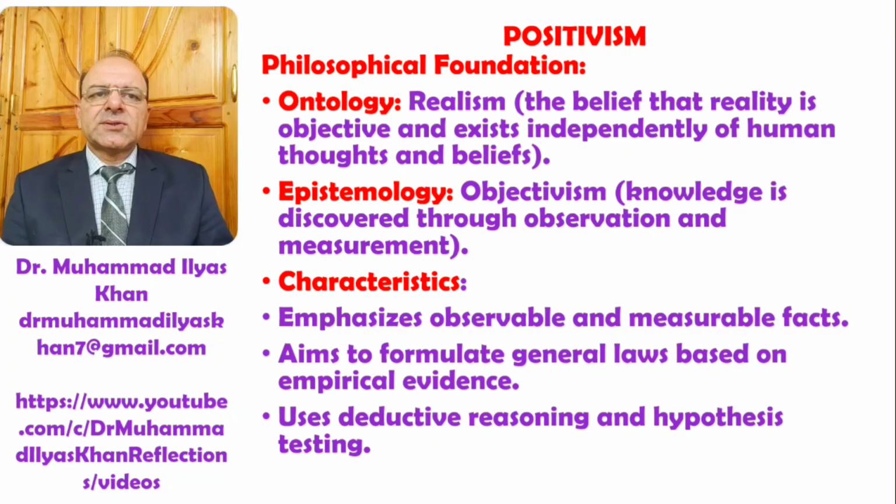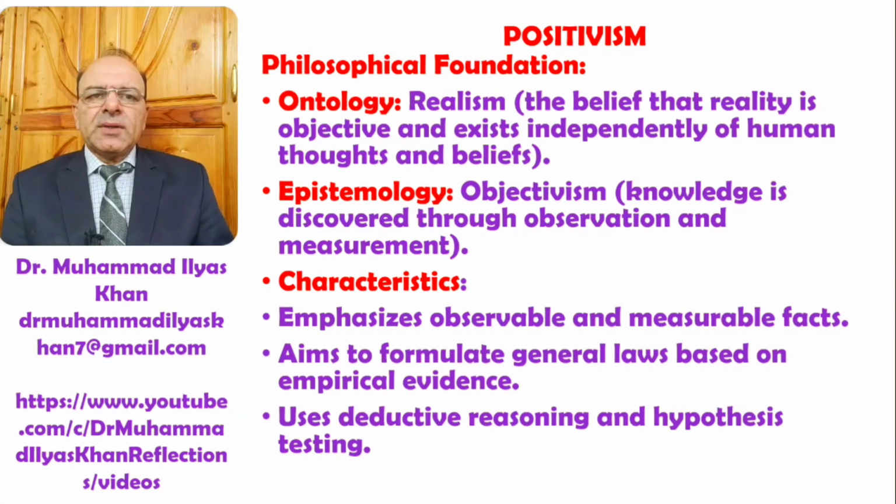The characteristics of positivism include, first of all, that positivists emphasize observable and measurable facts. So you can measure things that you can observe and you can measure those quantitatively.